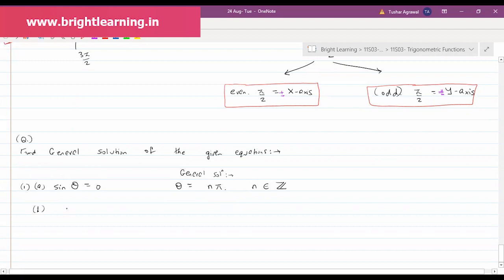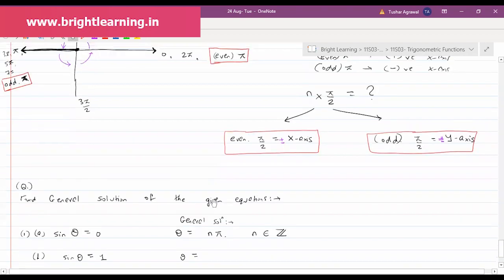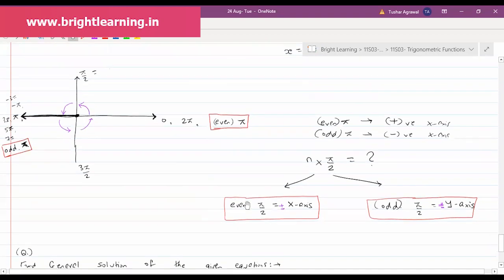Yes, sir. Okay. Sin theta is equal to 1. Theta is equal to. Think on your feet. 15 seconds. Sin theta is equal to 1. Odd pi, sir.